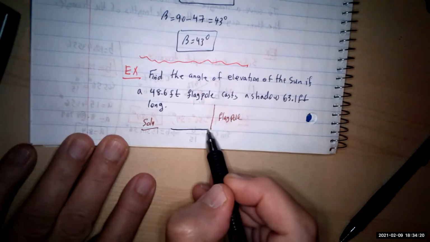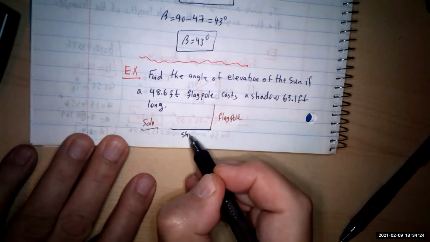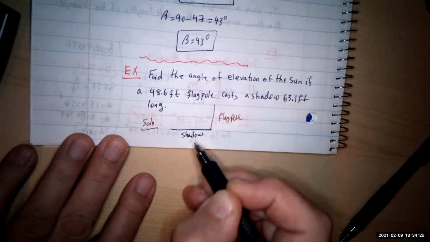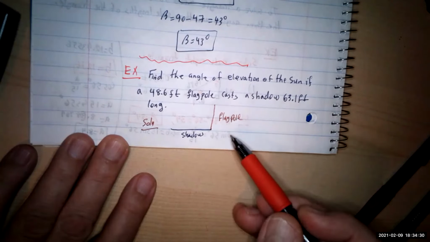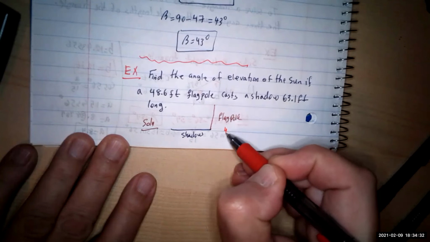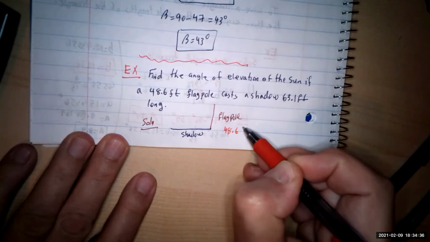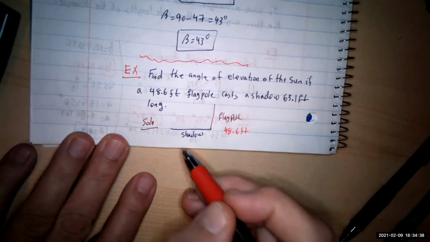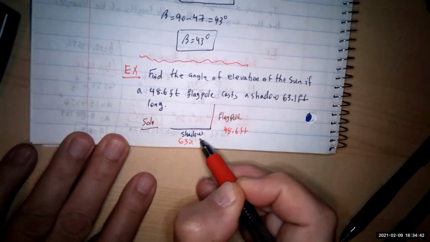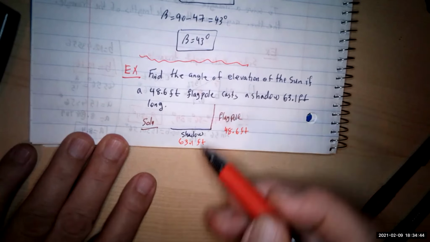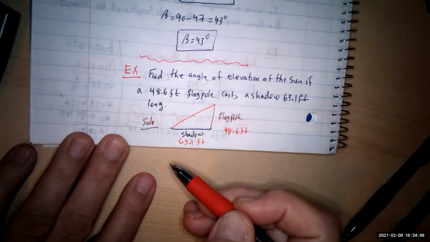The length of the flagpole is 48.6 feet, and the shadow is 63.1 feet. This angle is called an elevation angle.